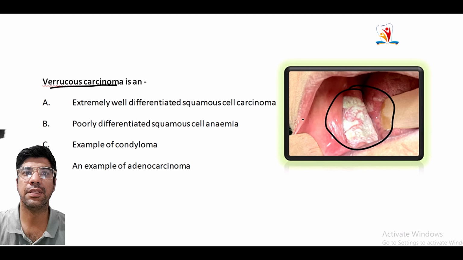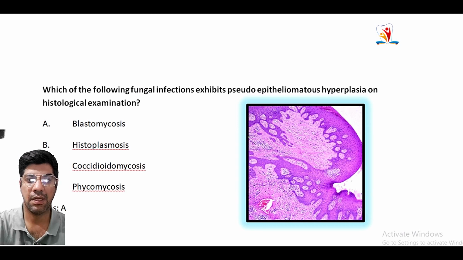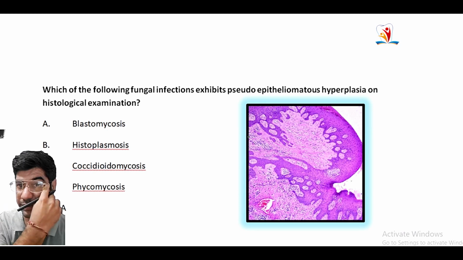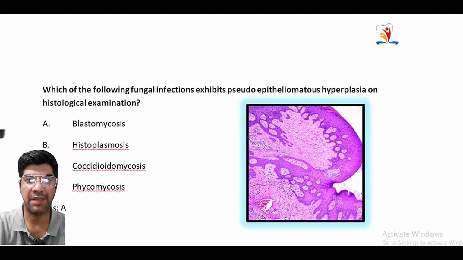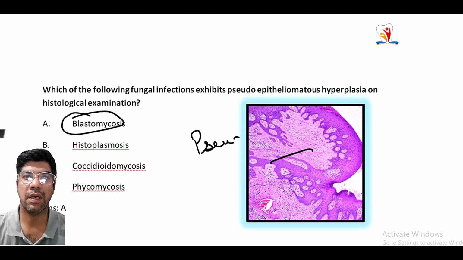The next question: which of the following fungal infections exhibits pseudoepitheliomatous hyperplasia on histological examination? The answer is blastomycosis. Blastomycosis is a fungal infection that exhibits pseudoepitheliomatous hyperplasia.